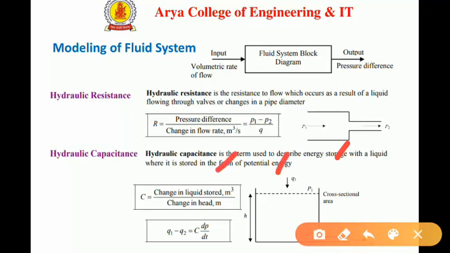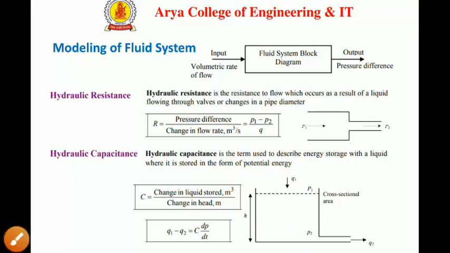So where we have a storage of liquid, there is a hydraulic capacitance, and it can be represented as C equals change in liquid storage in meter cube upon the change in head. So there is a ratio of change in liquid stored and change in head.